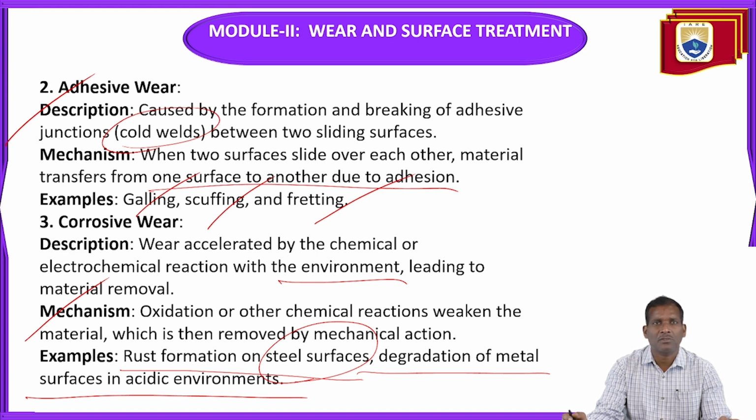Due to this rust formation, some material will be removed. The other is degradation of metal surfaces in an acidic environment. Whenever there is chemical attack or acidic nature on the surface, degradation will occur.